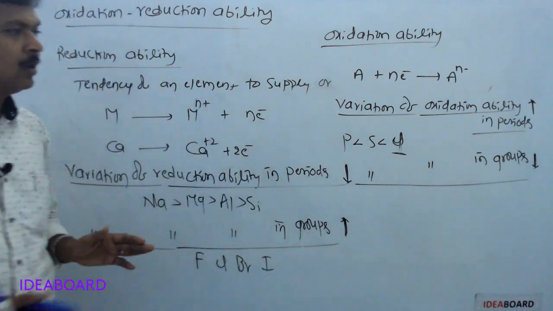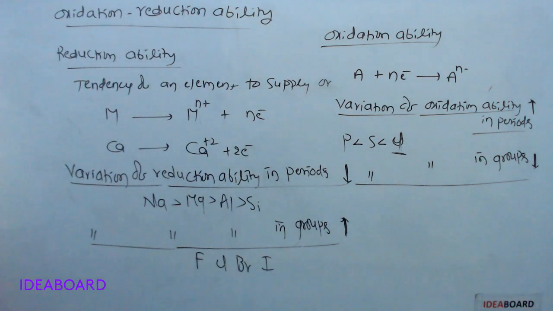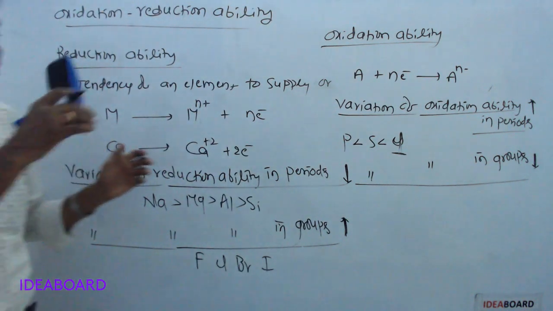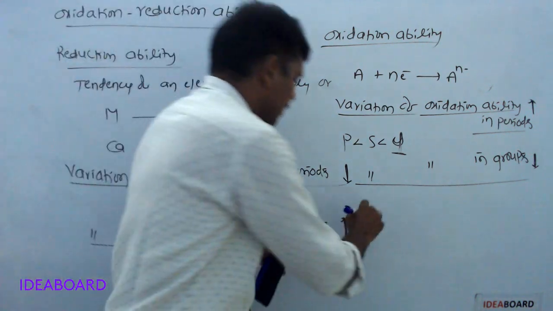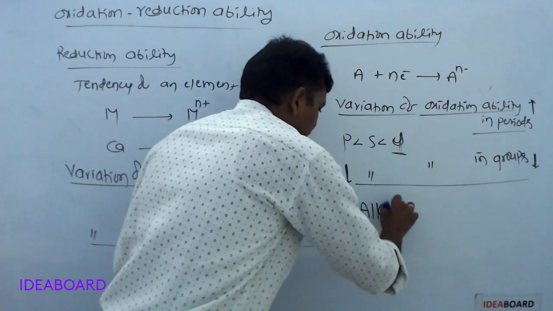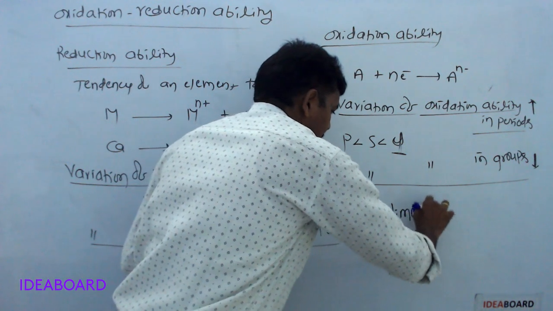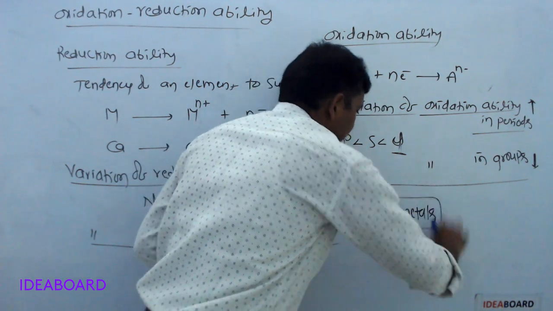So in the periodic table, alkali metals, that is first A group elements, are the best reducing agents.